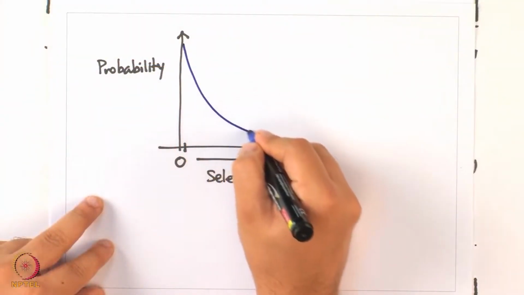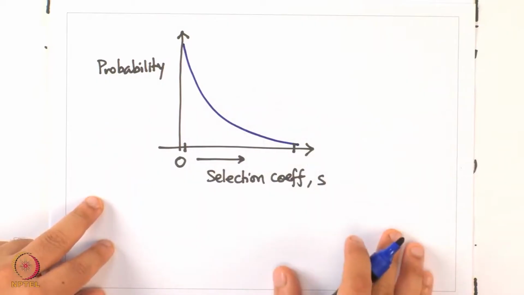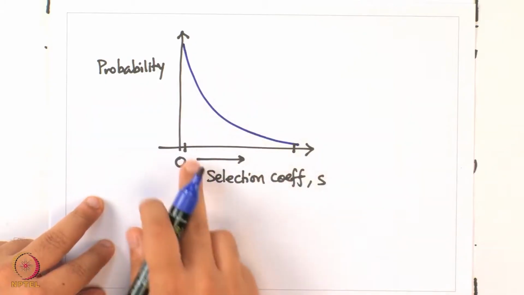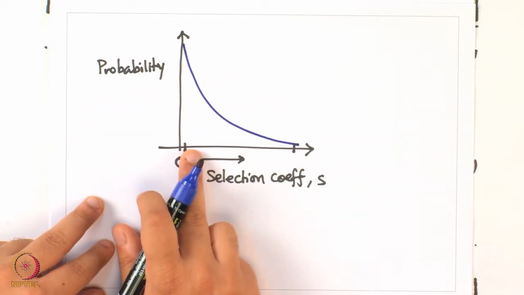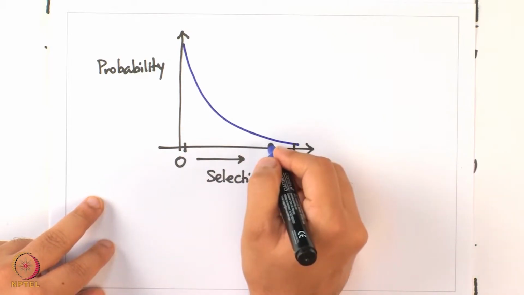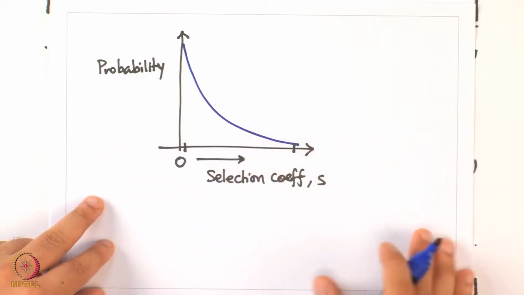So, this graph would look something like this. Again, all this graph is trying to tell you is that there is a greater probability of a beneficial mutation of a lower selection coefficient, and as you go towards higher selection coefficients, the mutations associated with these are going to be relatively rare.